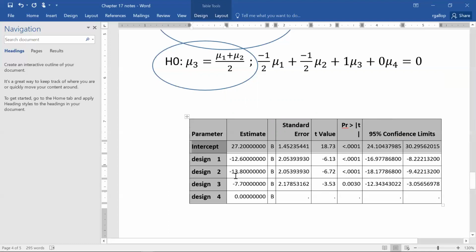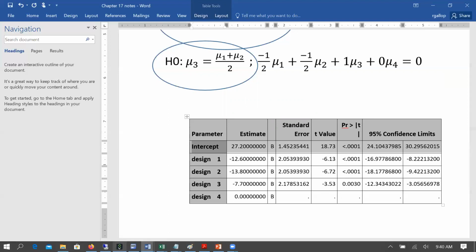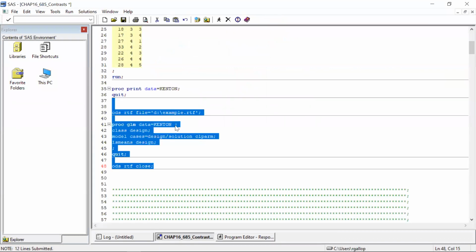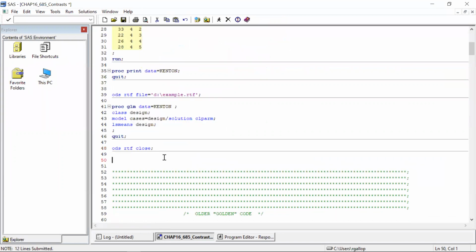And then these represent the respective deviations from the reference cell. So that's fine. And again, remember, in the proc line, I didn't change the alpha. So when we get back to the syntax, without an alpha specified on line 41, it's going to assume you want 95% confidence intervals.